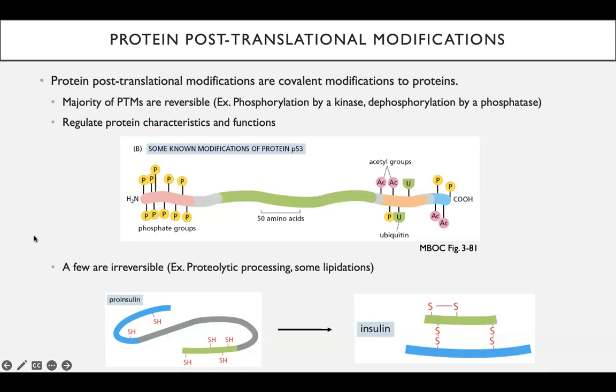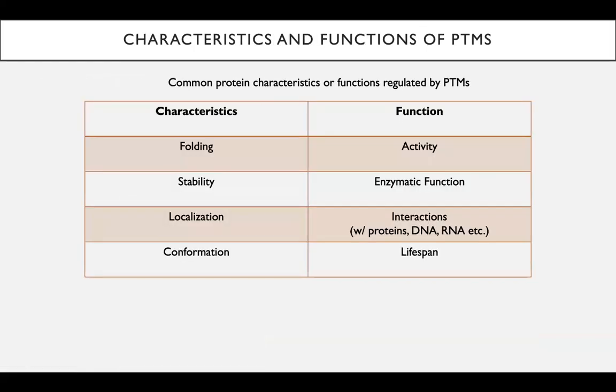So the main regulatory role of protein post-translational modifications is to alter protein characteristics or functions. And those characteristics or functions that are regulated, I've highlighted in this table with characteristics here on the left and different functions that are regulated on the right.